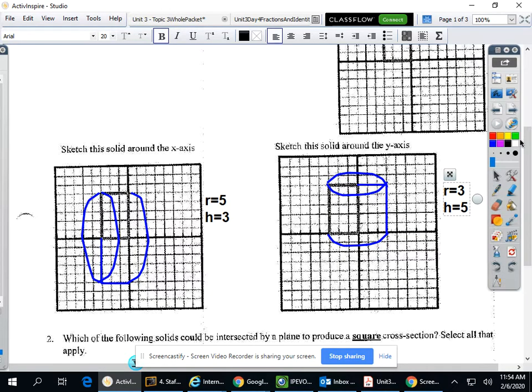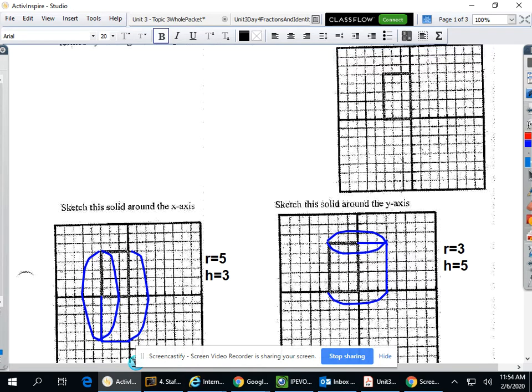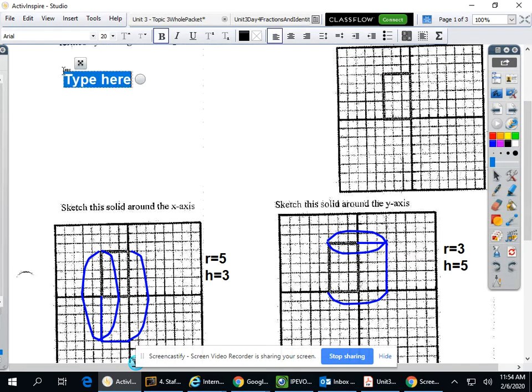All right, and then up here in the white space up here, I'm going to write what the similarities are. So the similarity is that both rotations form a cylinder.